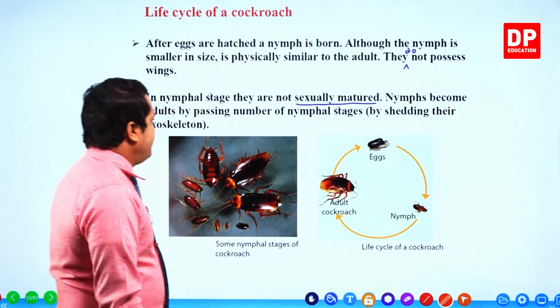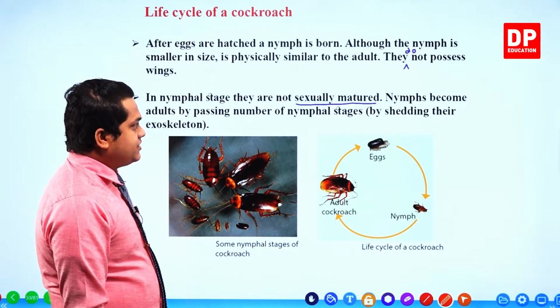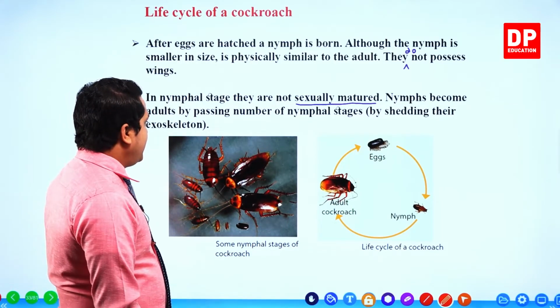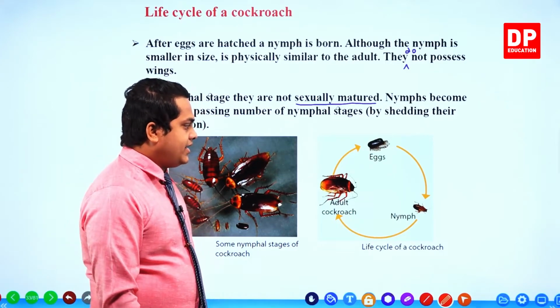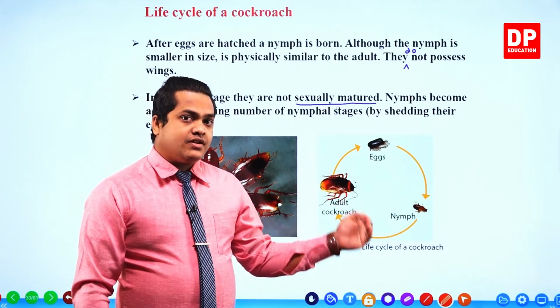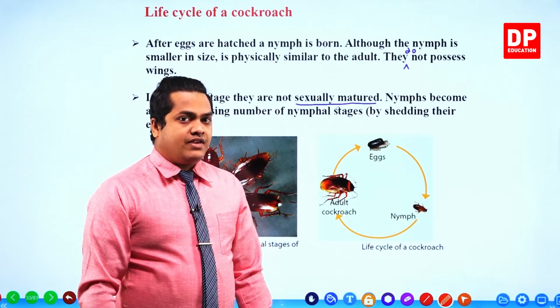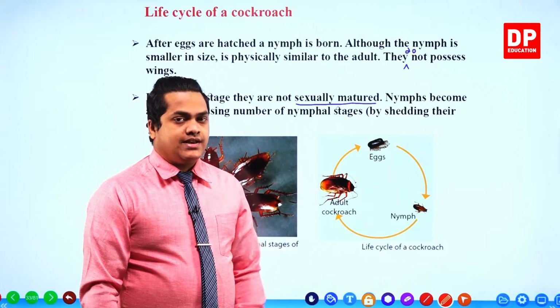Nymphs become adults by passing through a number of nymphal stages, shedding their exoskeleton. I told you that the nymph contains a good exoskeleton. As they do not have wings, they contain a good exoskeleton.